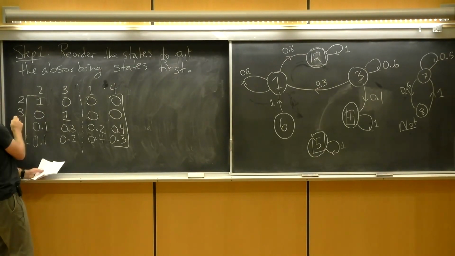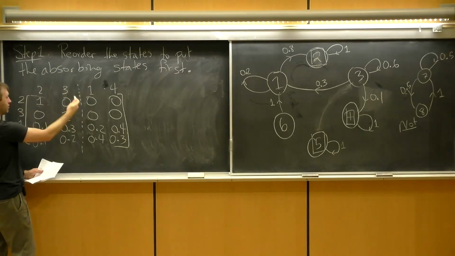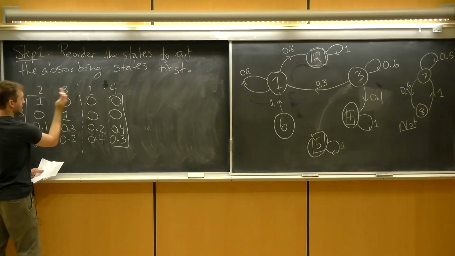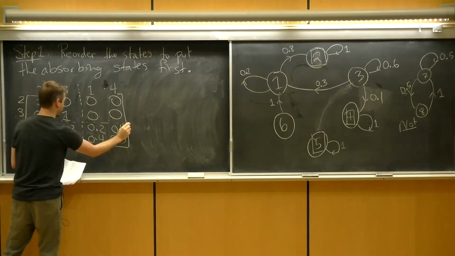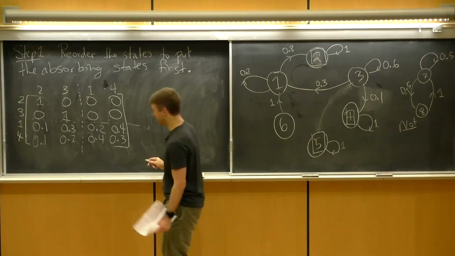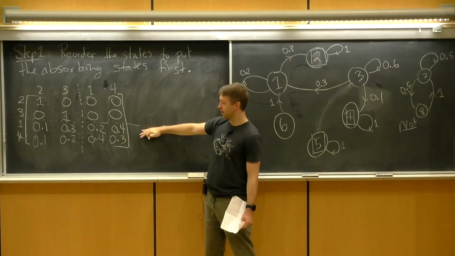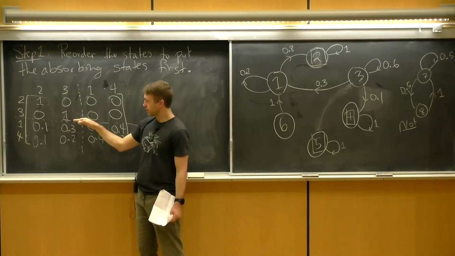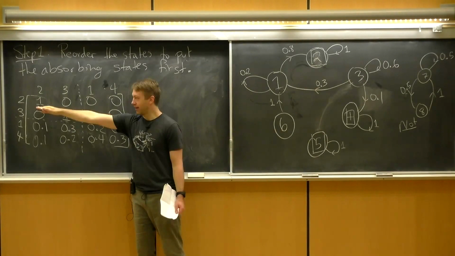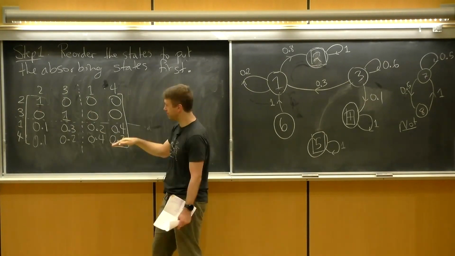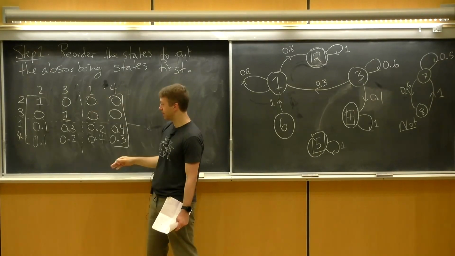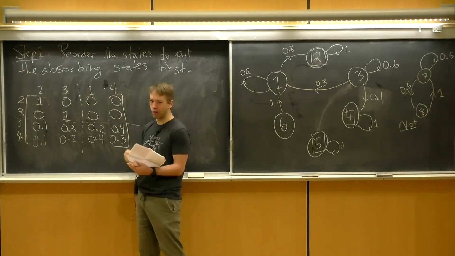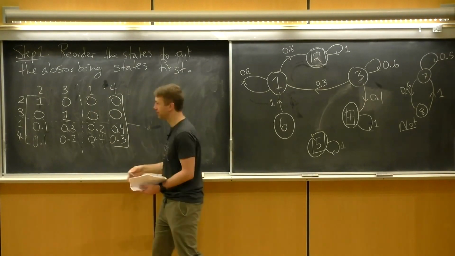And then I do the same thing with the last column, so I draw a line between the absorbing states and the non-absorbing states, and the same thing with the row. And what you'll see is up here you've got the identity matrix. Over here you're always going to have the 0 matrix. And then down here you're going to have more complicated matrices.